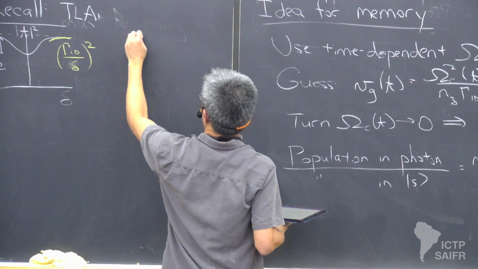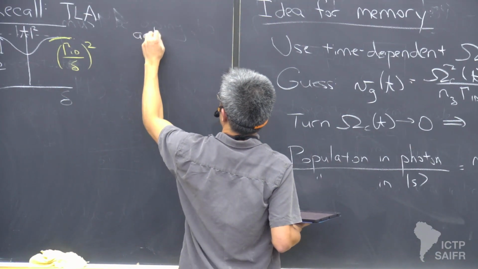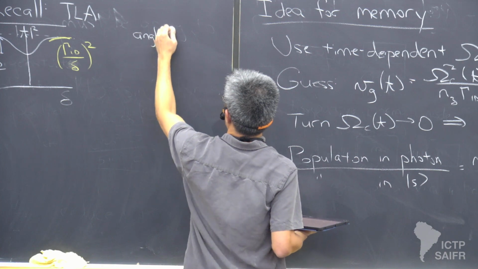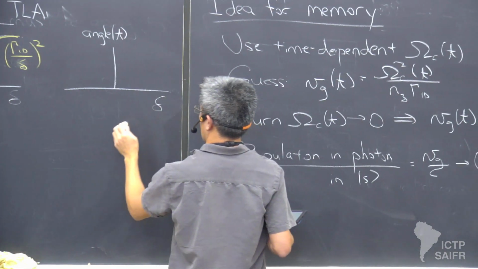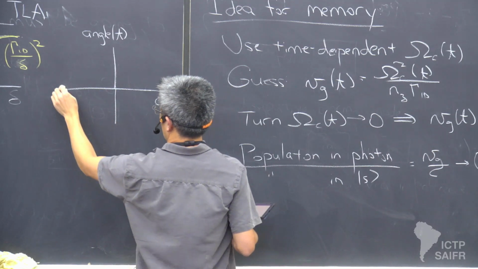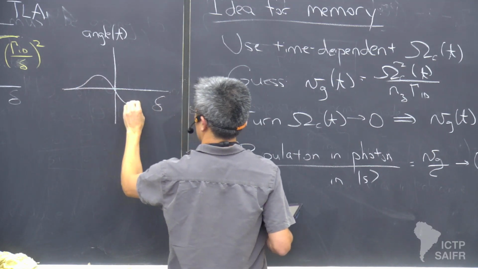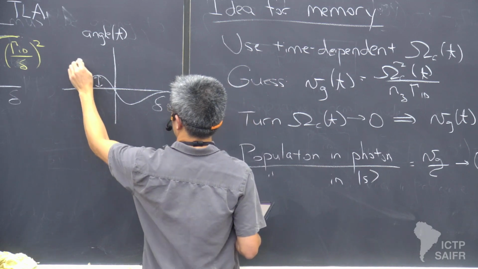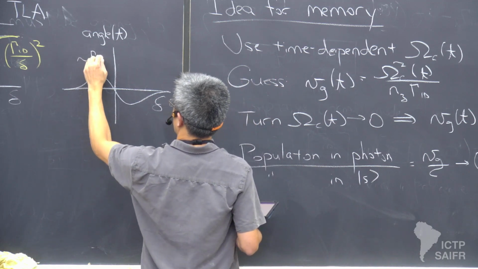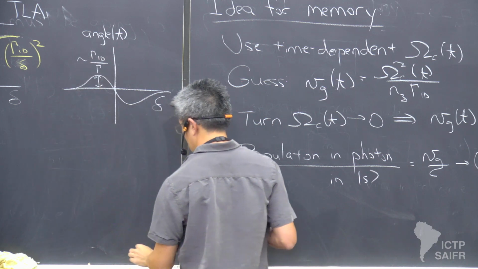I also plotted out, for a single 2-level atom, the phase shift as I propagate through. The maximum phase shift you can pick up is also proportional to gamma 1D over gamma.